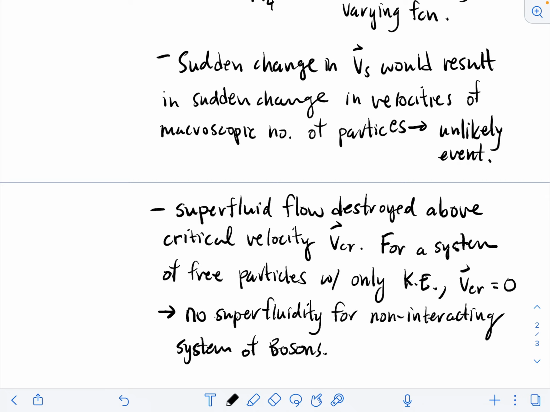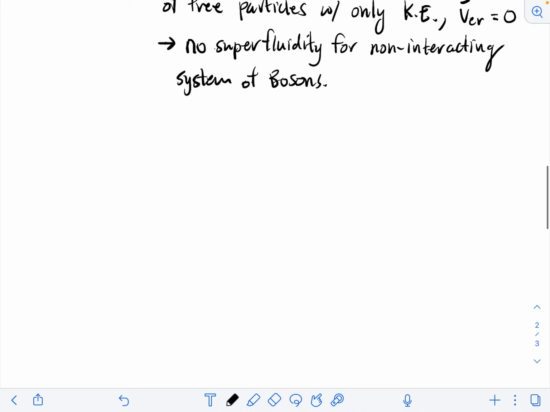And what we actually found is that the limiting critical velocity is actually the roton critical velocity for a system like helium-4. Okay, so what we want to do today is examine some properties of the so-called two-fluid model.